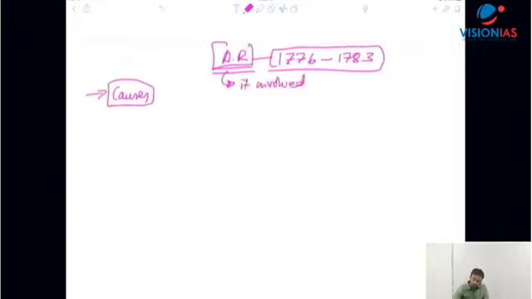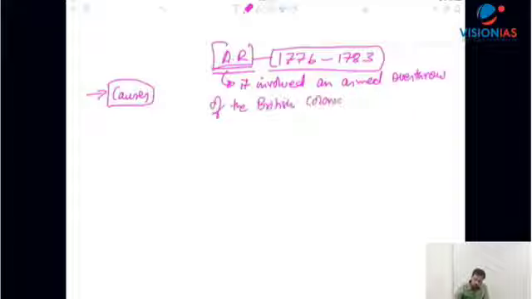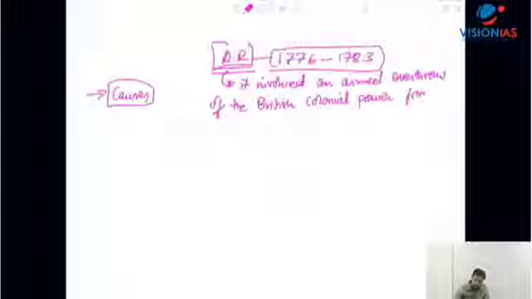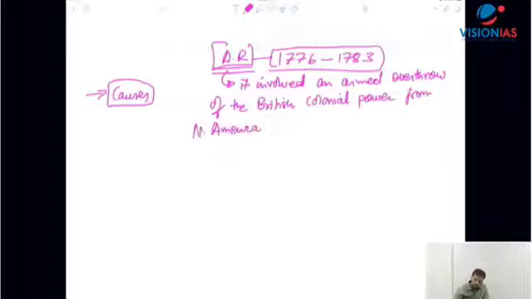It involved an armed overthrow of the British colonial power from America, North America, with French assistance.